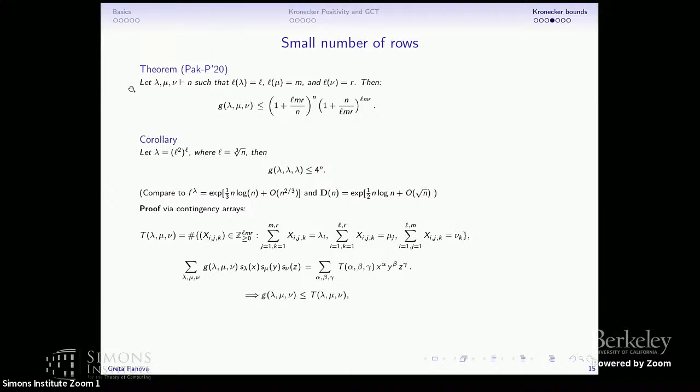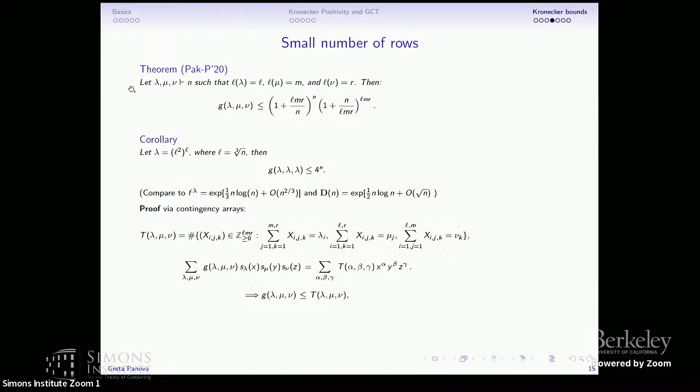And the two-dimensional marginals are going to be given by the partitions lambda, mu, and nu. So again, it's similar to what Matthias was talking about. This is a marginal problem on these arrays.